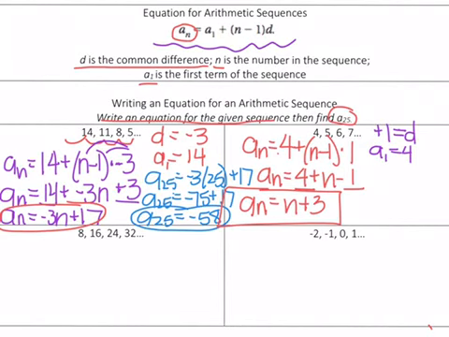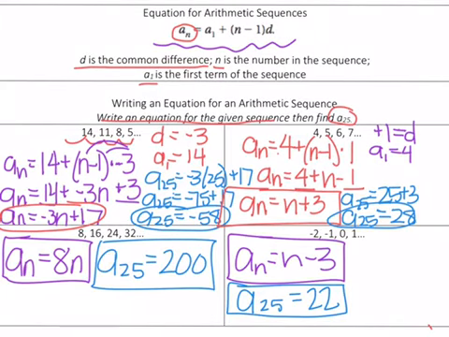We go up 1 every time. Now we have to find the 25th number in the sequence. So a_25 is equal to 25 plus 3, because we just plug that number in. So the 25th number in the sequence, I'm sorry, is 28. And there you go. Go ahead and do that with the next two problems.